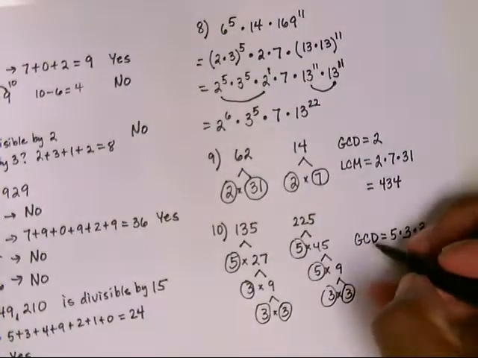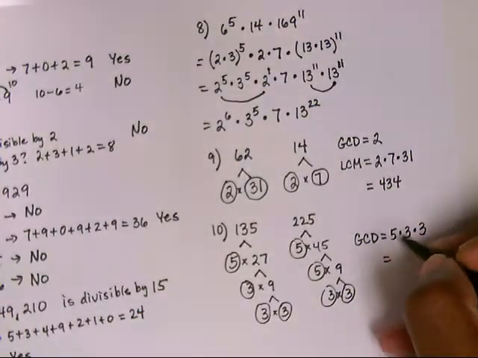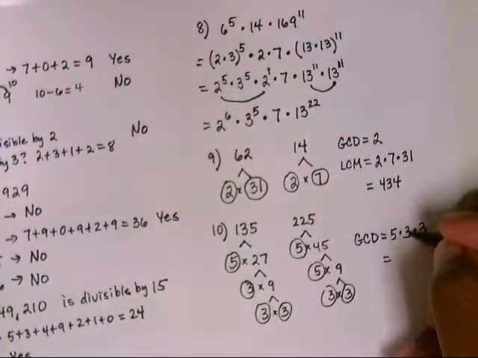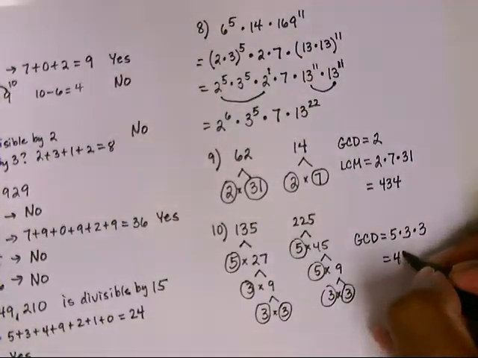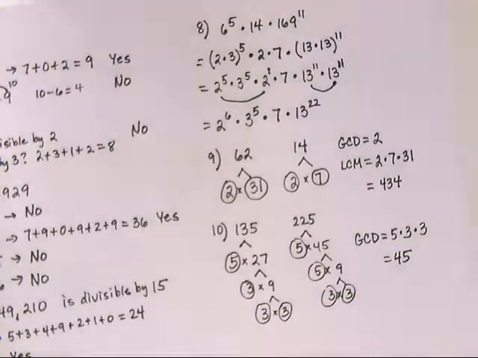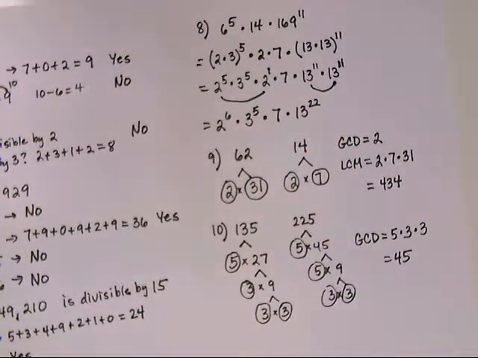If I multiply 5 times 3 times 3, it would be 45. So the greatest common divisor of those two numbers would be 45. So to answer the question, 45 would be the greatest number of coins that Midas can place in each stack.